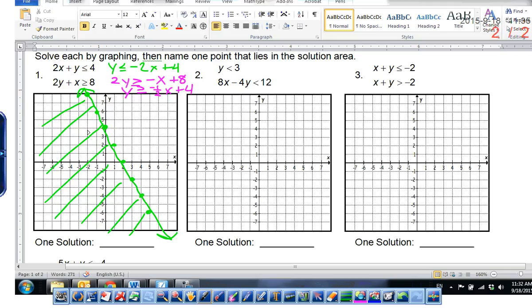So again, what's my y-intercept? 4. And what's my slope? Yeah, negative 1/2. So down 1 over 2.